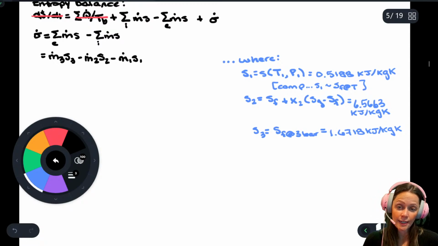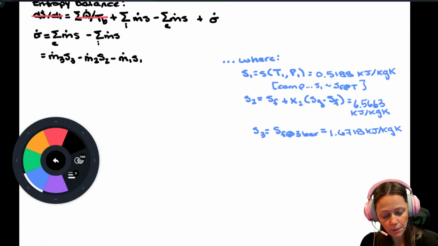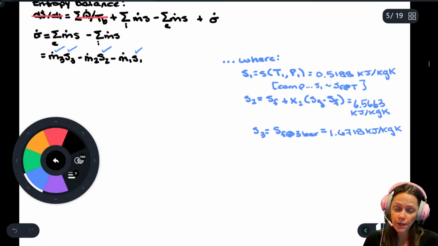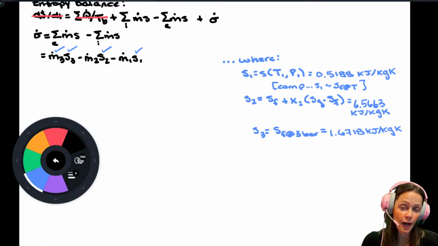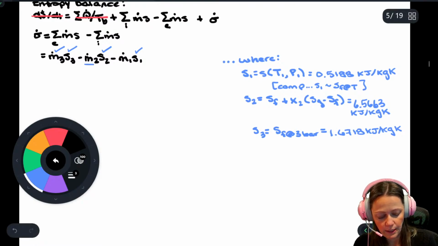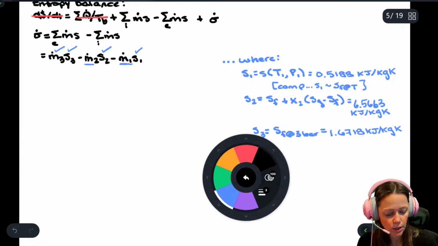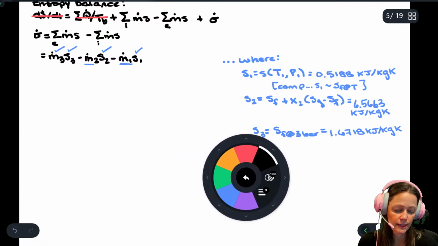If I'm keeping track of what I know, now I know S1, I know S2, I know S3. I was given m dot 3. Unfortunately, I was not given m dot 2 or m dot 1. So I can simplify just a little bit.